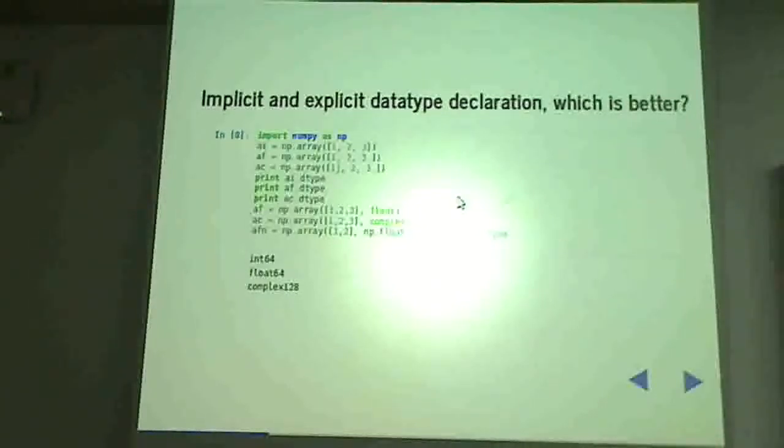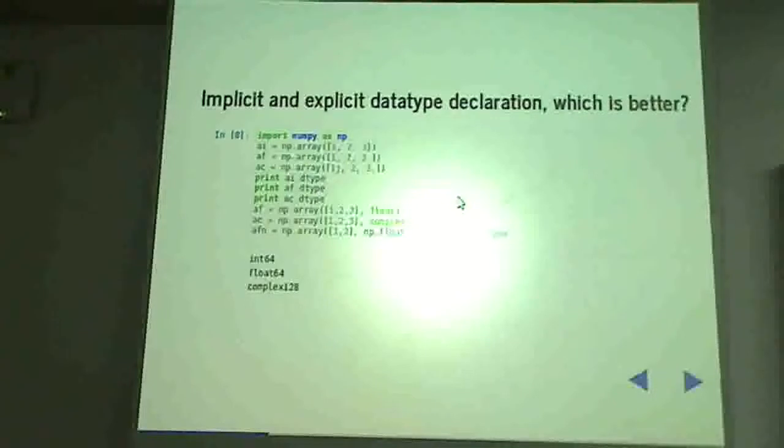Now how do you specify a data type for a NumPy array? In many cases you can do it implicitly. For example, when I say AI is equal to np.array([1, 2, 3]) and I print AI.dtype, it realized that since all the arguments were integers, it should make an integer type array. So it made a 64-bit integer.